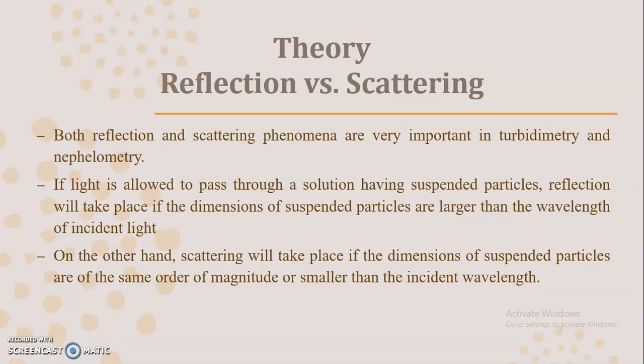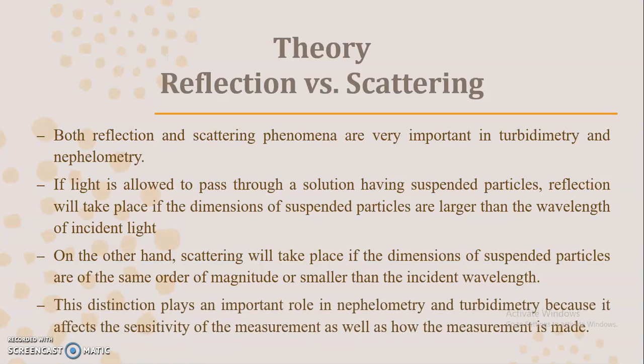On the other hand, scattering will take place if the dimensions of suspended particles are of the same order of magnitude or smaller as compared to the incident wavelength. In that case, scattering will occur.